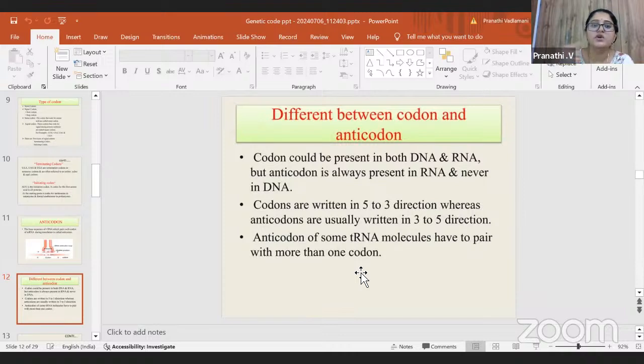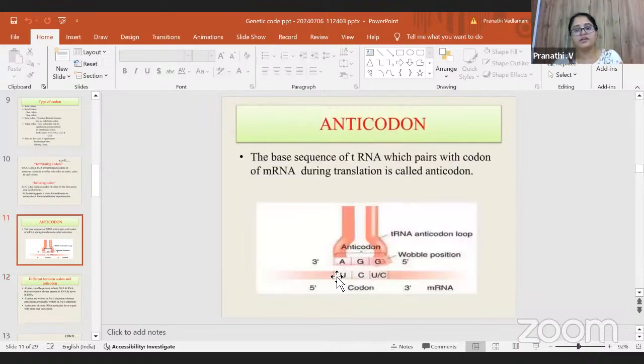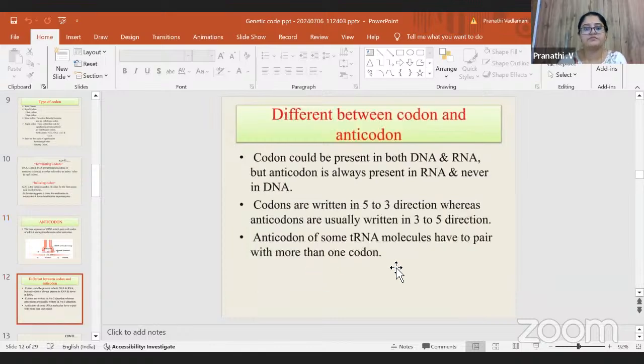And again, you have directions here: the codon is always in the 5 prime to 3 prime direction, and to read this, the anticodon should be complementary, in the opposite way, which is 3 prime to 5 prime.